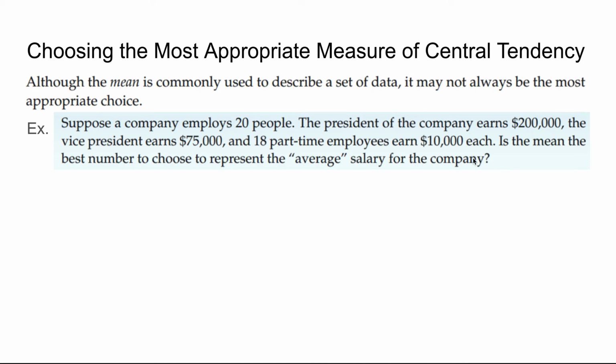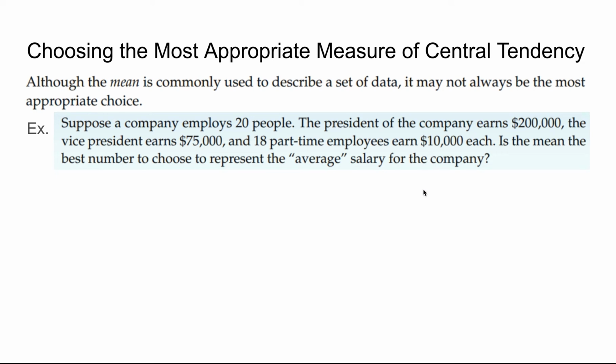It's a big gap. Do you think the mean is the best number to choose to represent the average salary for the company? So let's compare. Let's calculate the mean. The mean salary for this company can be calculated as 200,000 plus 75,000 plus 18 part-time employees earning 10,000, so 18 times 10,000, divided by how many are there? 18, 19 with the vice president, and 20 with the president.